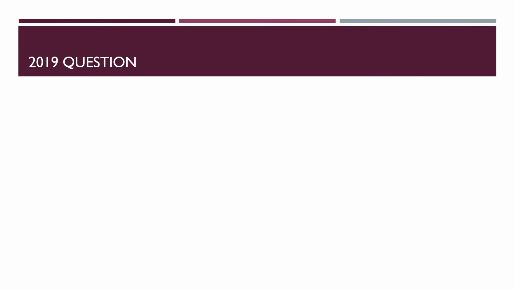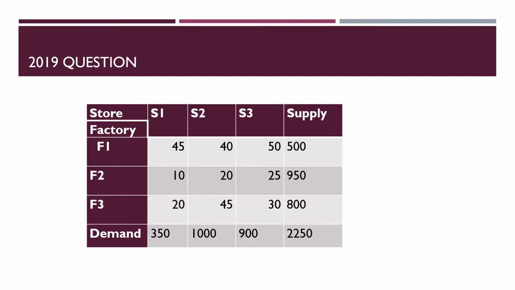Now I would like to pay your attention with regard to 2019 past paper question. Please see, this is the question available in your past paper. Here there are three stores 1, 2 and 3, and the supply from these stores is equal to 2250.